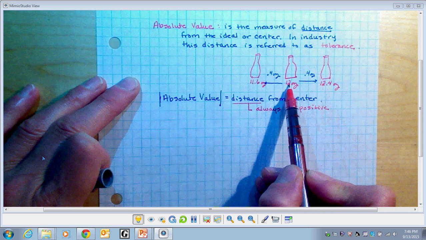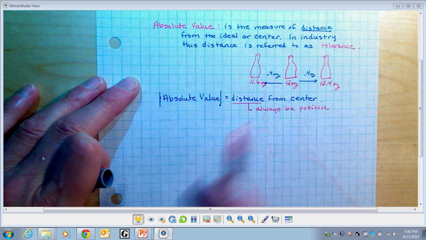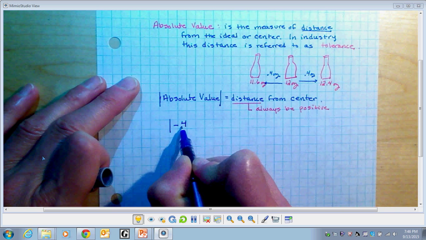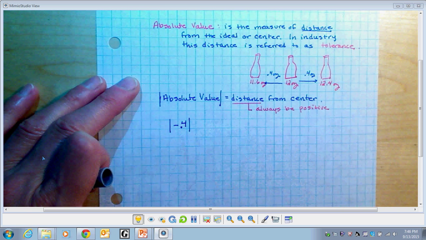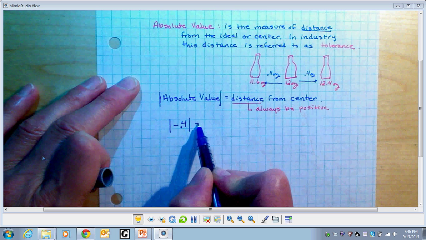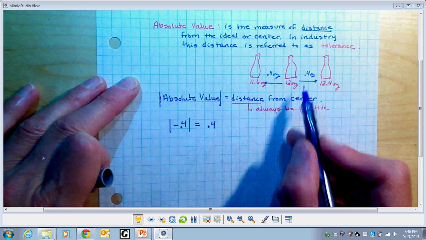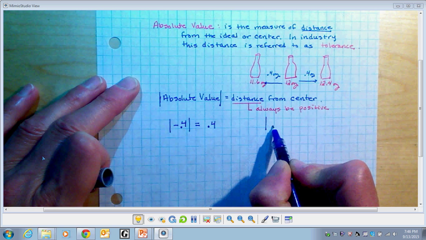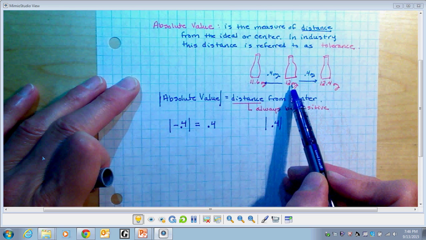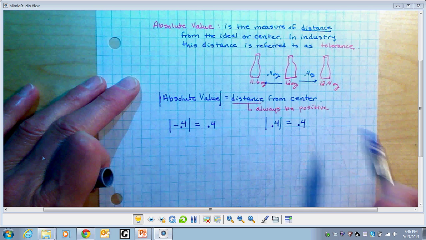So when I go from 12 ounces to 11.6 ounces, I'm losing 0.4 ounces, which is negative. But the distance from 12 ounces to 11.6 ounces is a positive 0.4 ounces. The same thing here. If I'm gaining 0.4 ounces, the distance from 12 ounces to 12.4 is a distance of 0.4 ounces.